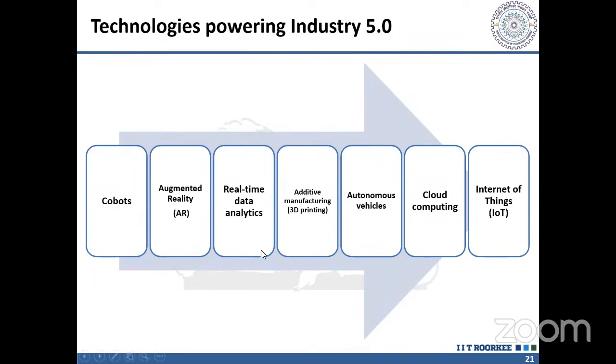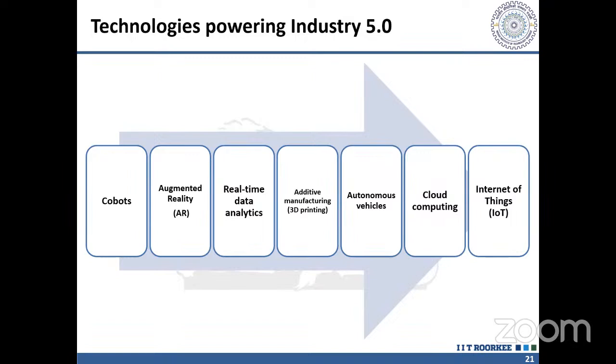The next part is augmented reality. Augmented reality overlays digital information onto the real world, providing workers with real-time guidance and feedback. This can be especially useful in complex manufacturing processes where workers need to access detailed instructions or data. For example, a general engineer uses AR technology to provide workers with real-time guidance during engine assembly.